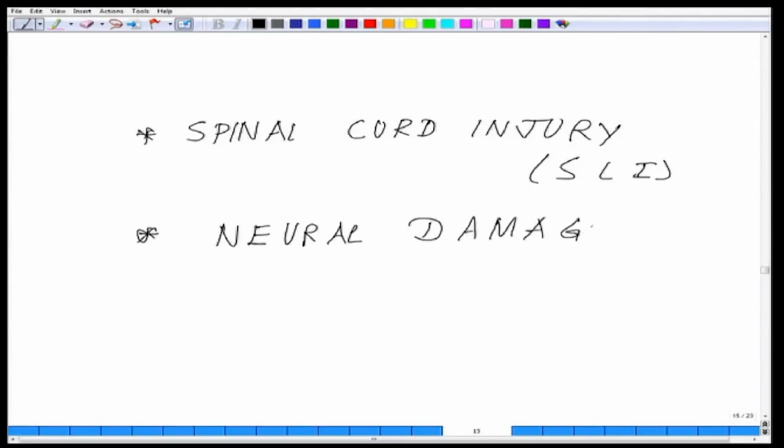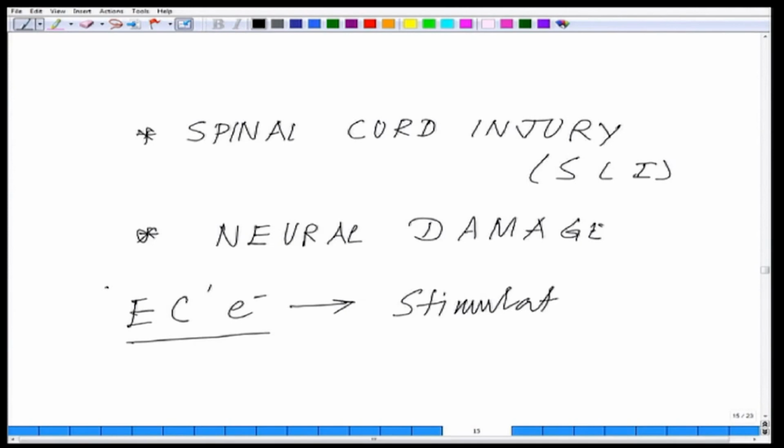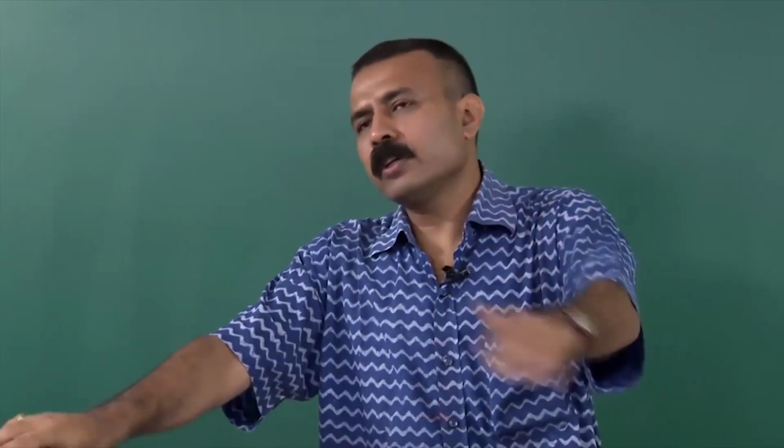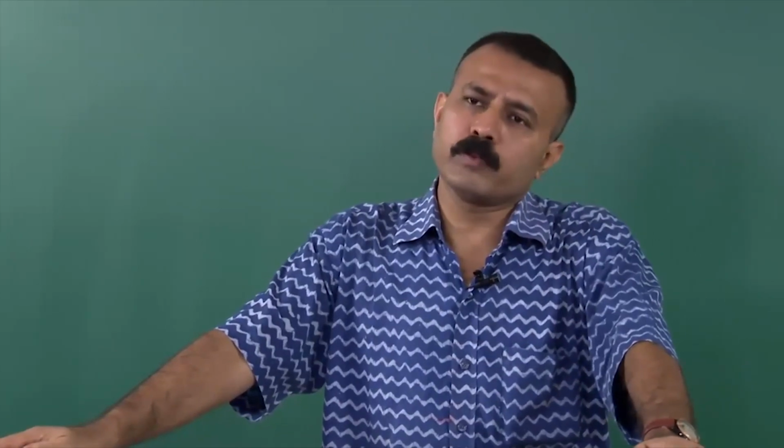These extracellular electrodes, I am just putting EC for extracellular electrode, are used for electrical stimulation. But the problem is that initially they are all fine, but over a period of time, because of all the different situations I narrated, their efficiency to transfer the signal reduces. The fidelity of the signal is being compromised.